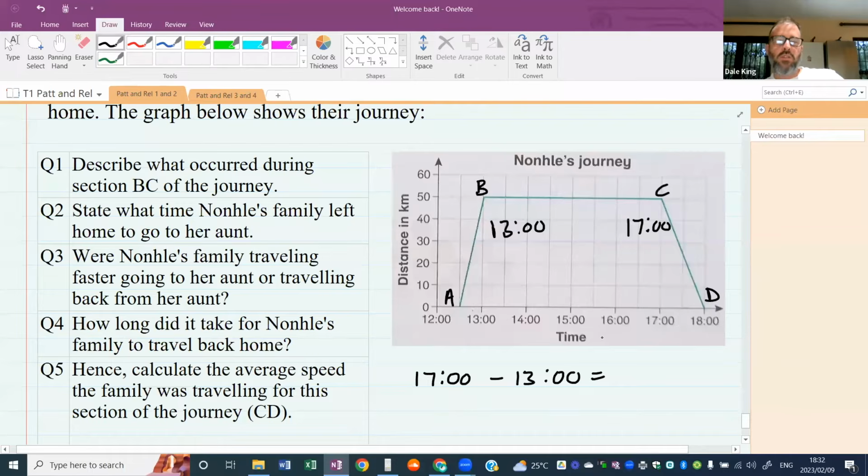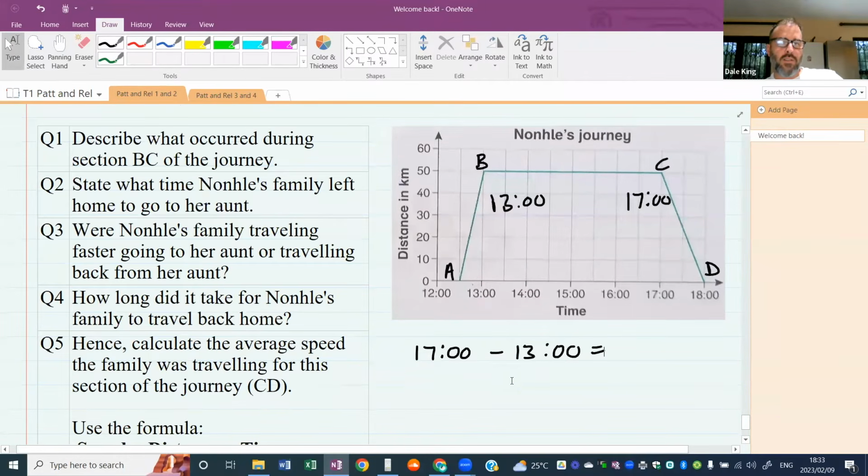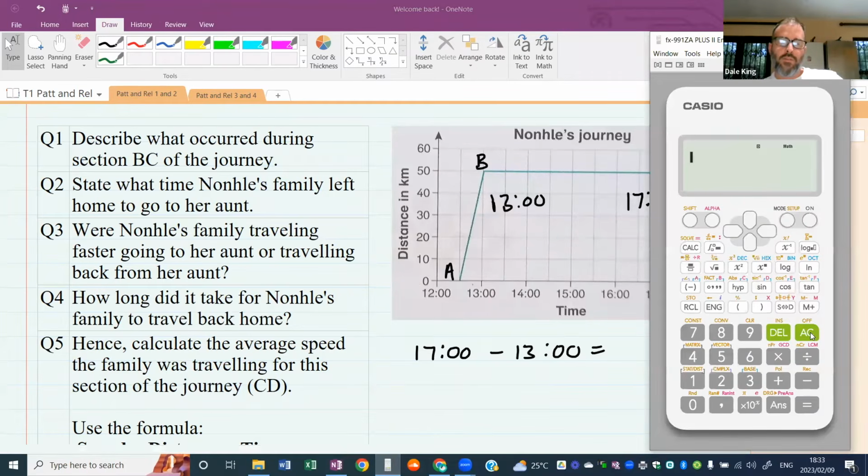But you guys are all saying 5 hours. And by my maths calculation, because 17 minus 13, well, let's get the calculator to work it out for us. 1700 hours, which is 5 o'clock, minus 13.